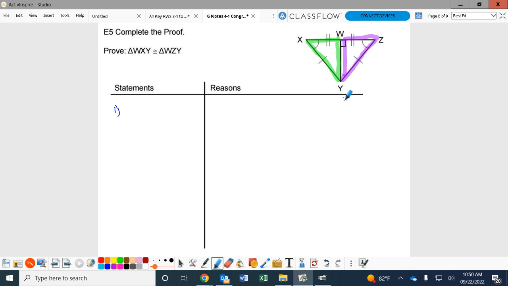Okay. So now that we've got that, let me trace that one again. I just want to be right on top of it. Right there. Okay. So now that we've got those two triangles, we're going to name the parts in those triangles that are marked congruent. Because if they're marked congruent, they're telling you already.